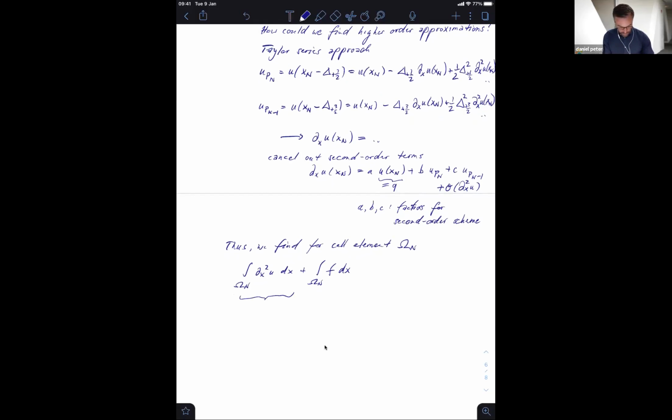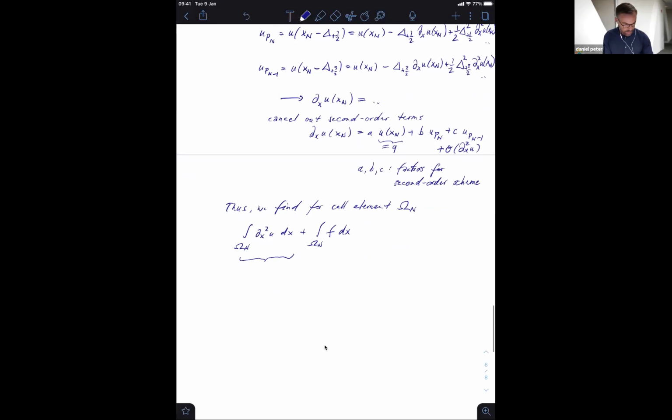So this diffusion term, we had it above. So let's say grad u at xn minus the grad u at xn minus 1, plus here the force term, Fn times the volume, equal to 0.